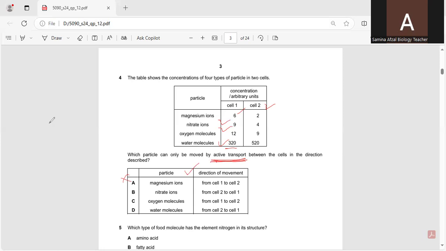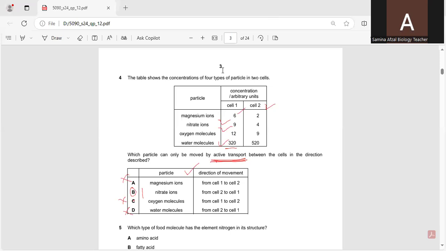Nitrate ions are greater in number in cell 1 in comparison to cell 2, so they are moving from cell 2 to cell 1. So B is the correct option. Oxygen and other gases move by the process of diffusion, and water molecules move by the process of osmosis. So only B is correct, in which the ions are moving against the concentration gradient, that is, from cell 2 to cell 1.